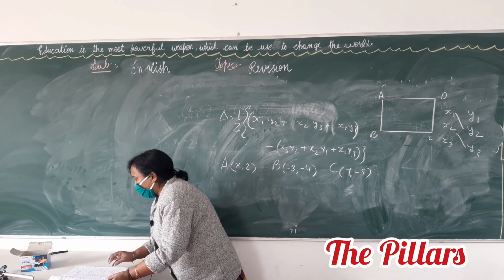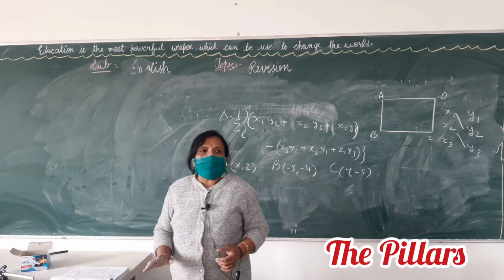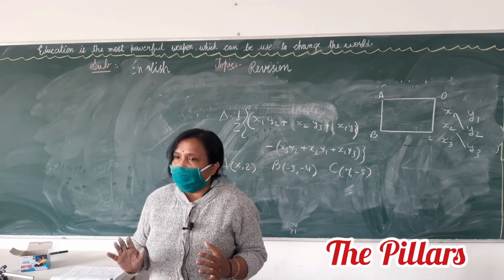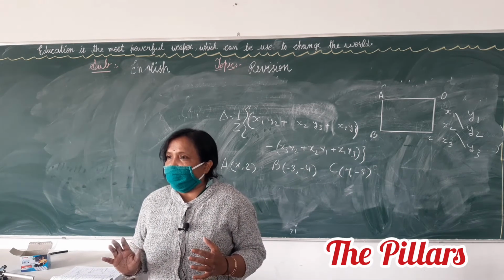Find the value of x. These 3 points are collinear and you have to find the value of x.